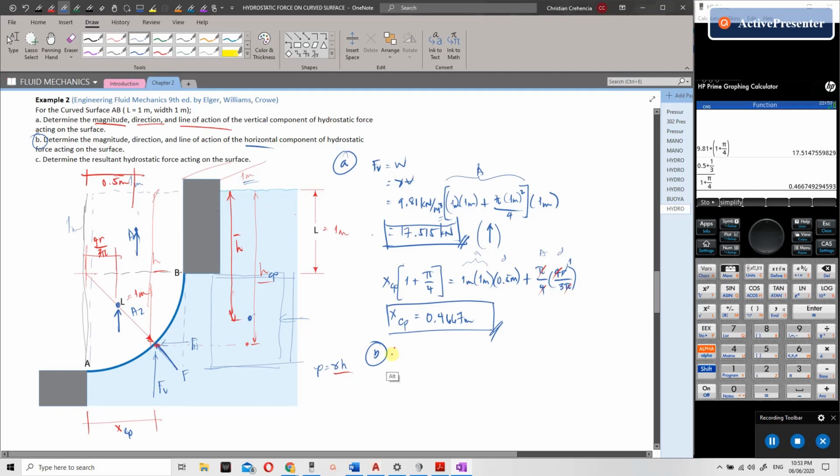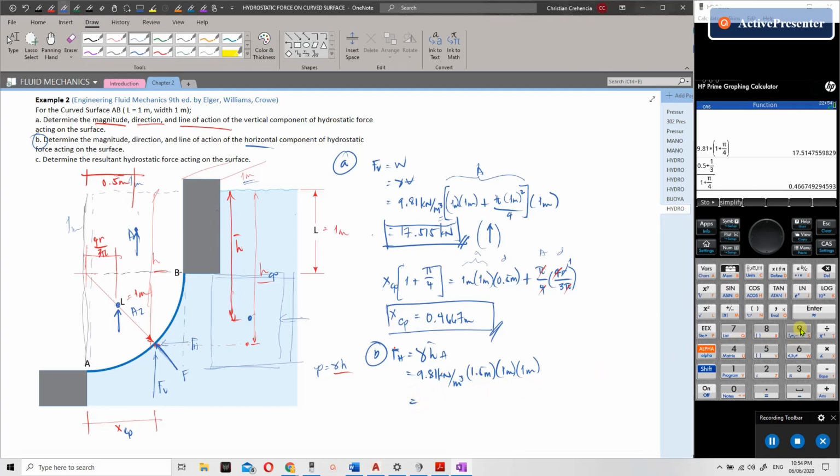Solving for FH, the formula is the hydrostatic force on a plane surface, an imaginary vertical plane: gamma h bar A. So we have 9.81 kilonewton per cubic meter multiplied by 1.5, then the area of the gate's vertical projection, 1 meter by 1 meter.